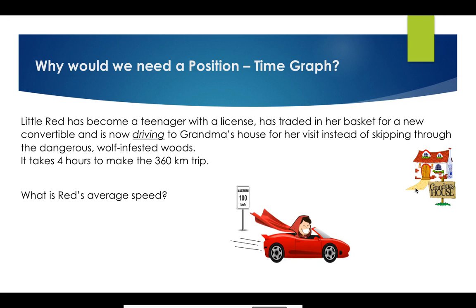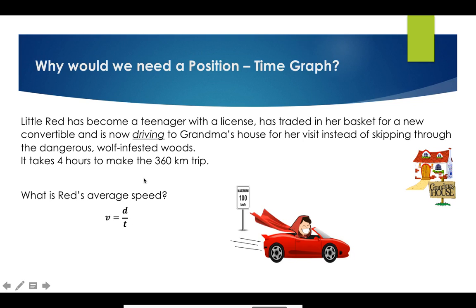So, using our knowledge from yesterday's class, we can now calculate Red's average speed. Remember, in order to get full marks when you're doing a calculation problem like this, you always have to show me the copy of the equation. We're looking for speed, and we know that speed is equal to distance divided by time.